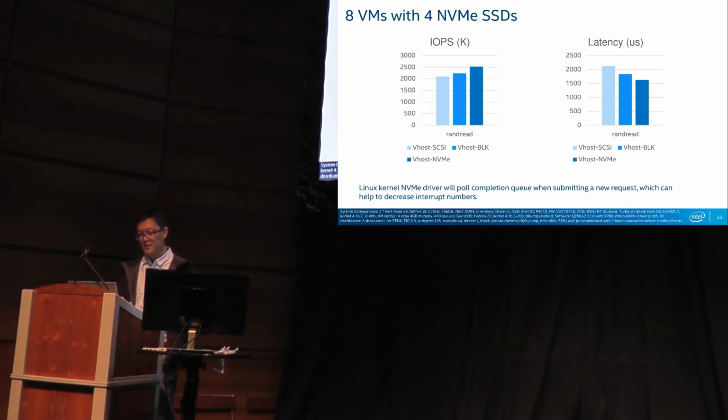Because from the implementation view, vhost NVMe and vhost-blk should have the same level of performance numbers. They will not have too much difference, just because the NVMe spec is more common compared with virtio-blk. Virtio-blk is so simple that it can only support read-write, the simple commands.